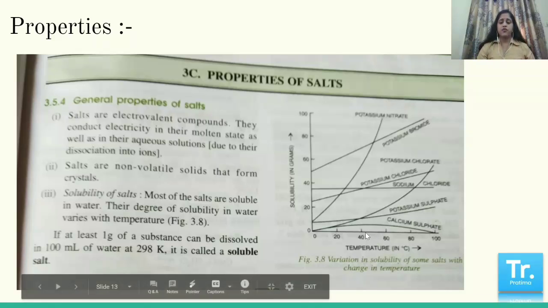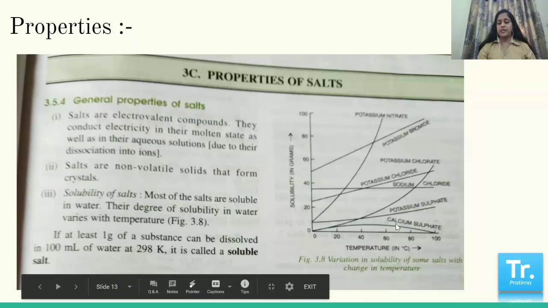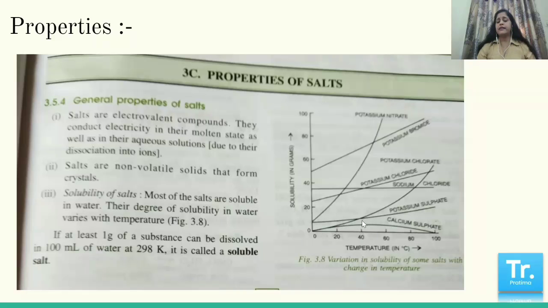This variation of solubility of salts with change in temperature, we have done it last year. Let me do it once again. If you increase the temperature, the solubility increases or decreases, depending upon the salt. If we take the example of calcium sulfate, it will increase very little and then decrease. Potassium sulfate will have a little increase with increase in temperature. Sodium chloride normally doesn't have any change.